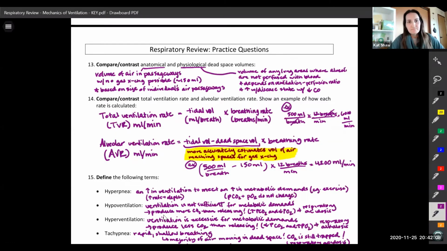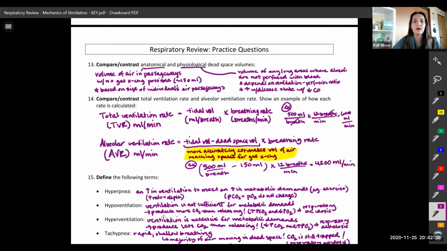Right. I wanted you to compare and contrast what's called the anatomical dead space and the physiological dead space volumes. The anatomical dead space is what we discussed on the first sheet here. This is the volume of air that is stuck in the air passageways during inhalation, where there is no gas exchange possible. Those are the conducting zones. And on average, that's about 150 milliliters of air.